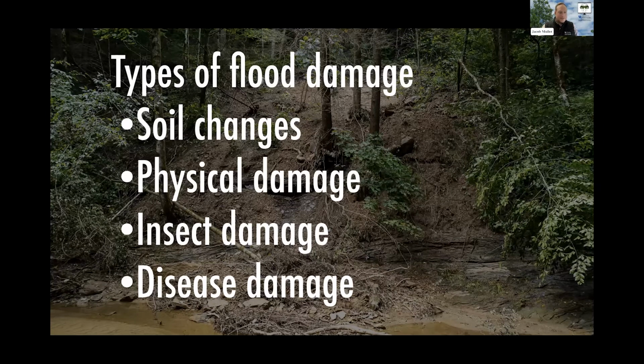A few other things that we don't often think about, but could be important to think about, are effects after the flooding, right? So insect and disease damage can happen in flooded areas where these trees and these forests or woodlands become weakened, right? So the flooding might stress trees and they're not operating at 100%, right? So they might be allocating their resources to other areas of the tree to survive.